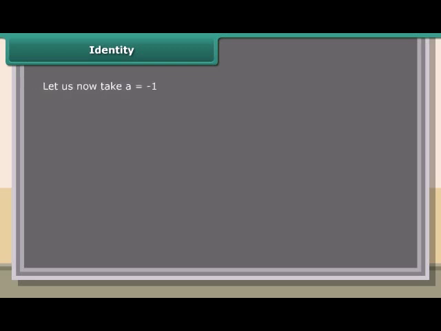Let us now take a as minus 1. LHS is equal to (minus 1 plus 5) into (minus 1 plus 3) is equal to 4 into 2 is equal to 8.